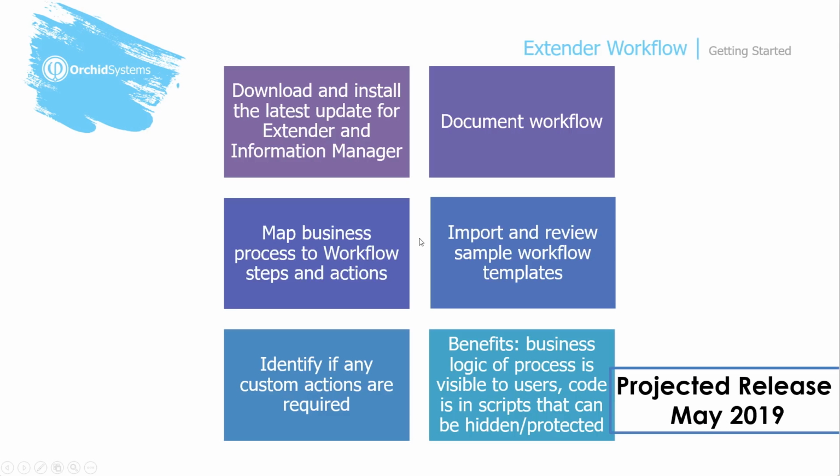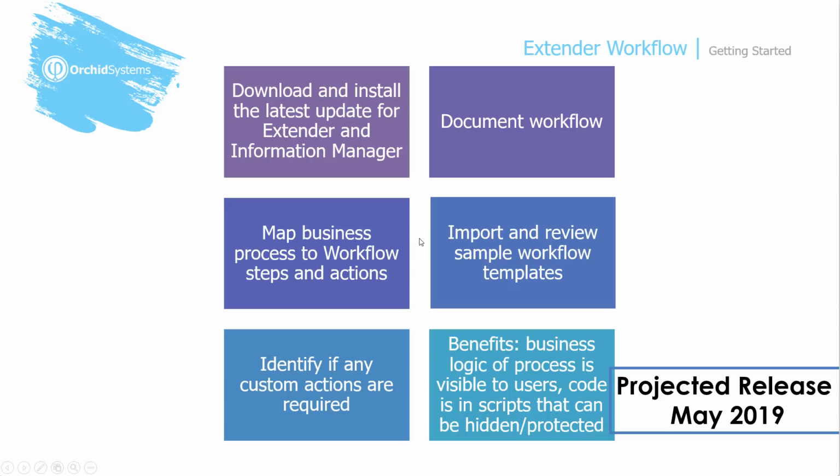So to get started with the workflow, when we release it at the end of May or early June, you'll be able to download and install the latest product updates for Extender and Information Manager. It will be released for versions 2017, 2018, and 2019, the currently supported versions of Sage 300.